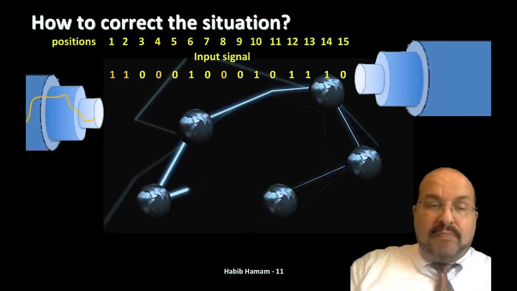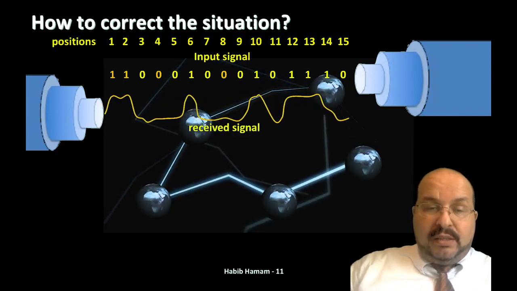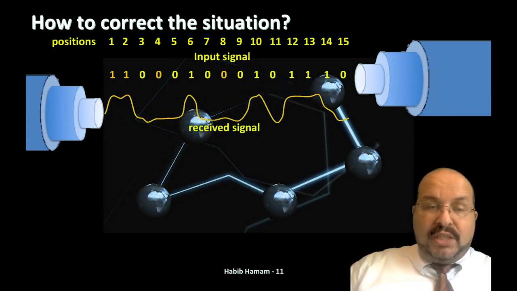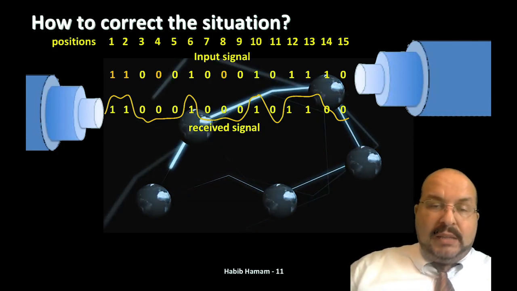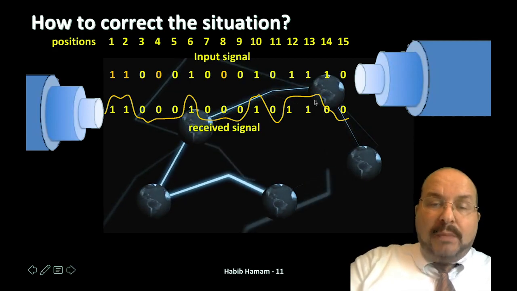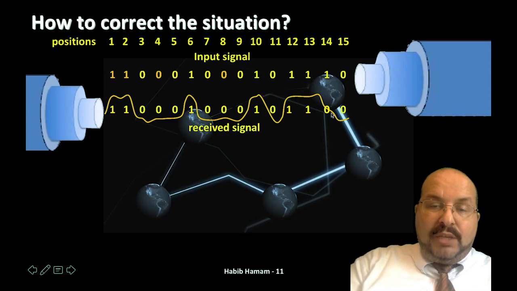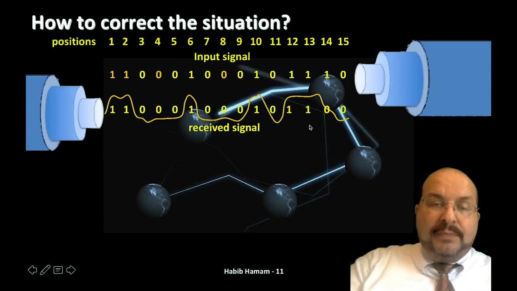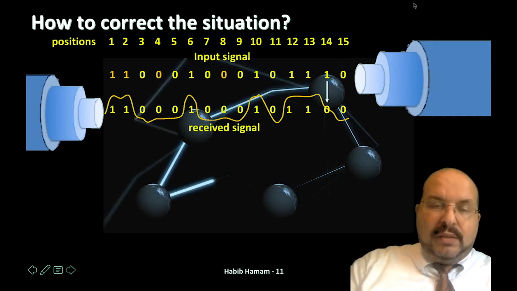It gives me something deformed, which is not like the initial one. That's the received signal. I will perform thresholding, and if I perform thresholding, I will not obtain 1 at this position but 0, because the values here are low. So there is an error. There is an error here.